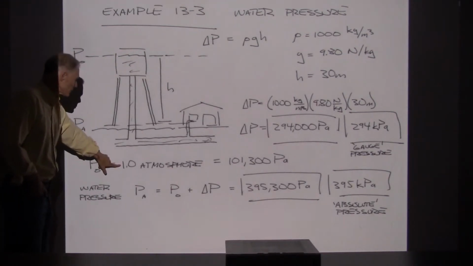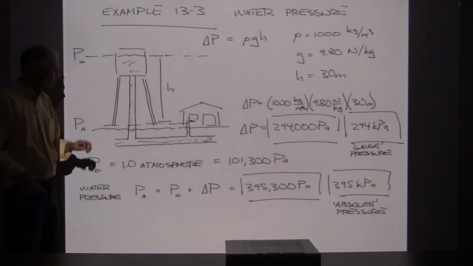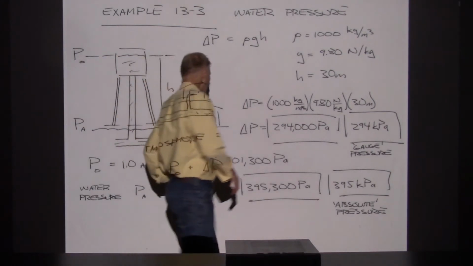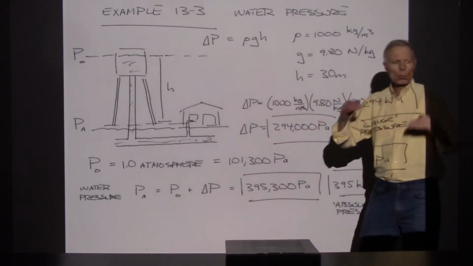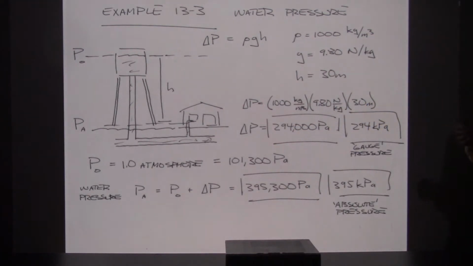Now, 1 atmosphere of pressure is equal to 101,300 pascals. Roughly averaged over the surface of the Earth, the atmospheric pressure at zero elevation is that number, and so that's what we use as a conversion.